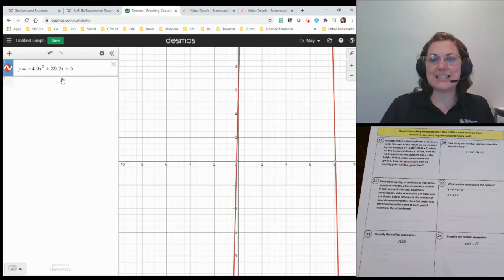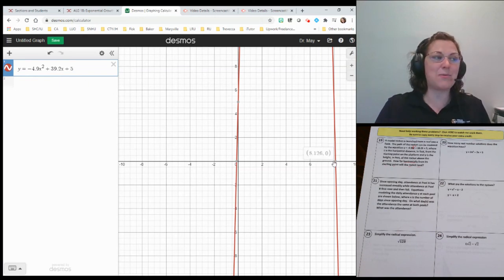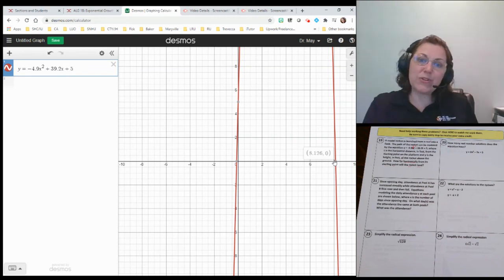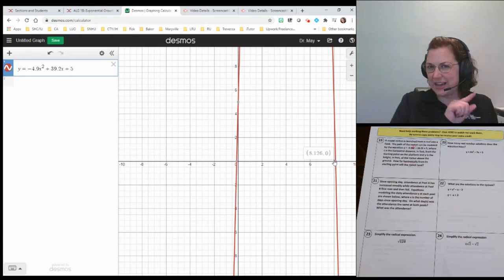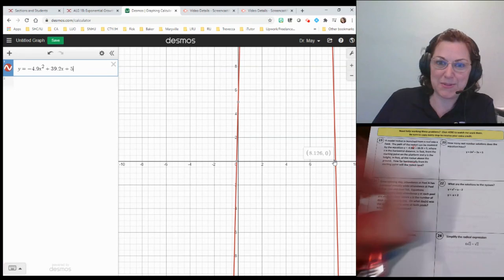Remember, it's asking us how far horizontally from its starting point will the rocket land? Well, the rocket's going to land when it comes back down, right? And so we're looking at this value here. Did you see how when I moved my cursor on that point, Desmos told me the value? Love that about Desmos, right?